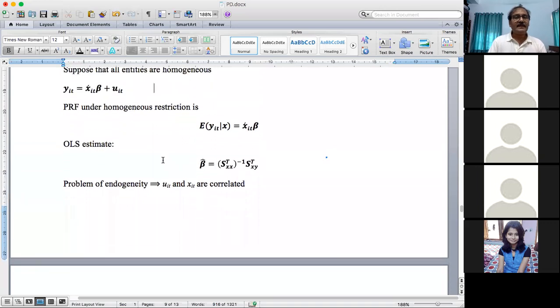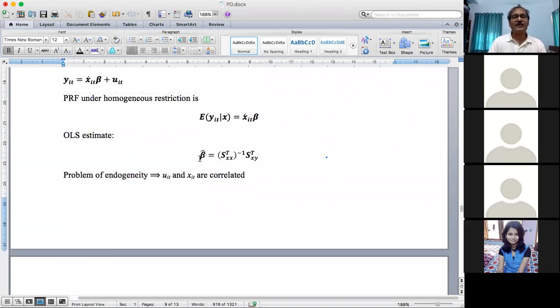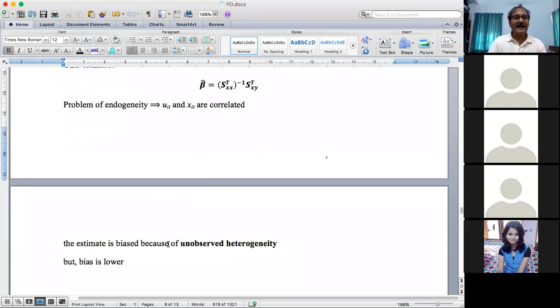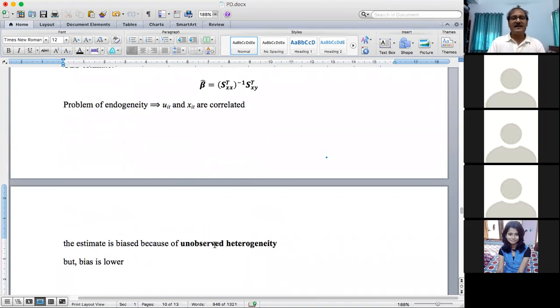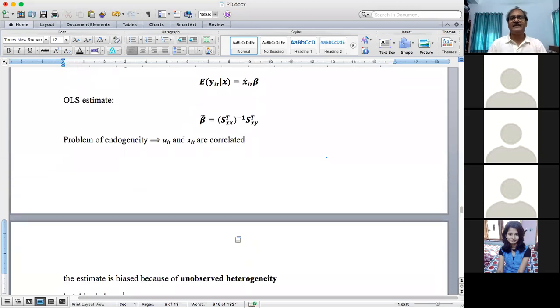So in this pooled regression model also, beta hat will be biased, but the degree of bias will be lower as compared to the conventional cross-section multiple linear regression model. Whatever may be, bias will be there, and the bias will appear because of the unobserved heterogeneity. And you cannot ignore this problem if you have cross-section data or time series data.